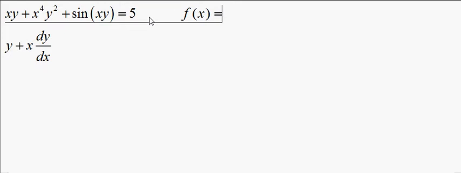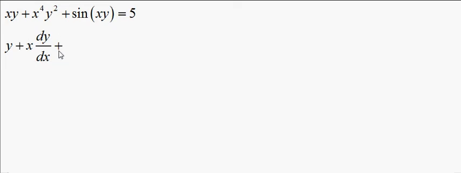So when you take the derivative, it's not 1, it's f prime of x, which is dy/dx. So you just remember that it's a function of x, not just a variable. So that's the first, derivative of first times the second plus the first times derivative of the second.